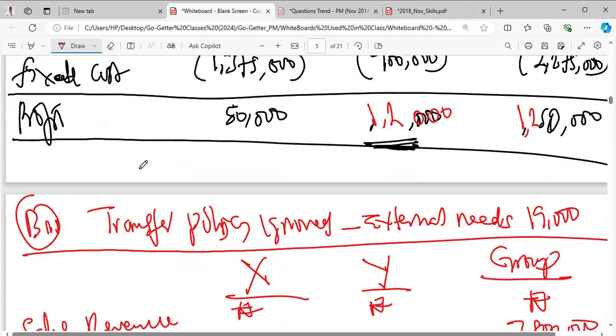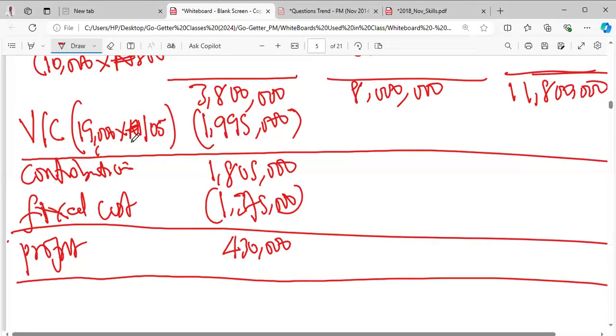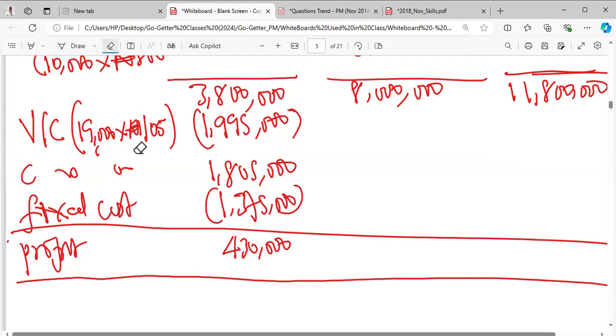So let's see here. We need to adjust our variable costs. We need to adjust this line. 1805, I remember that.